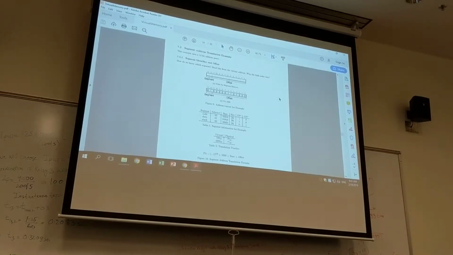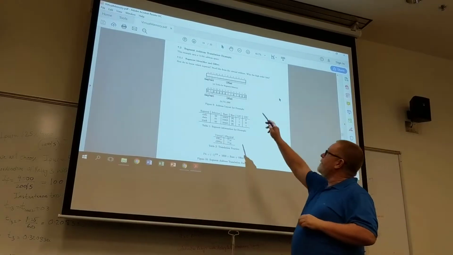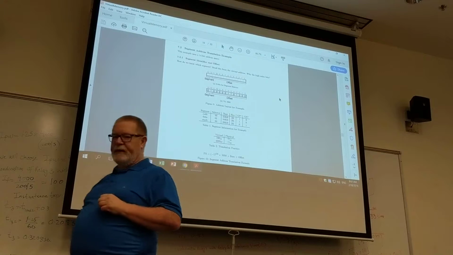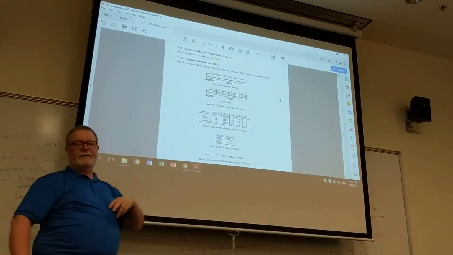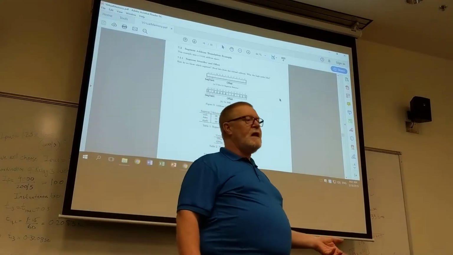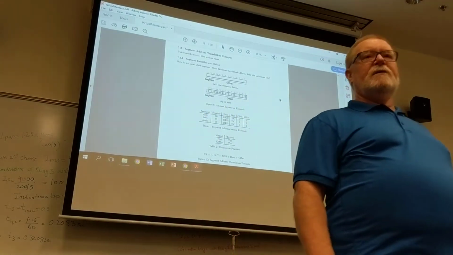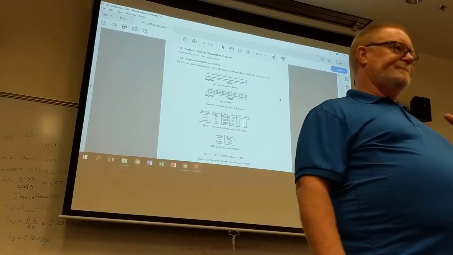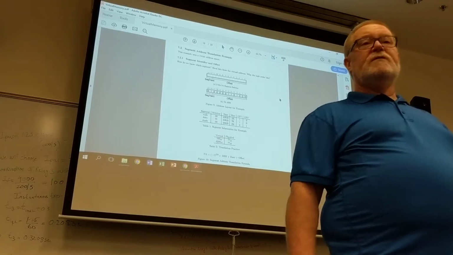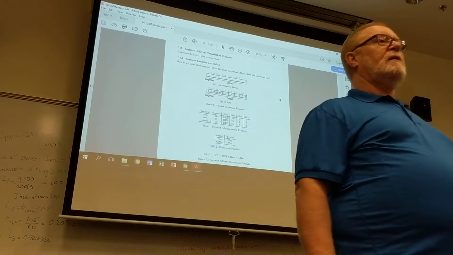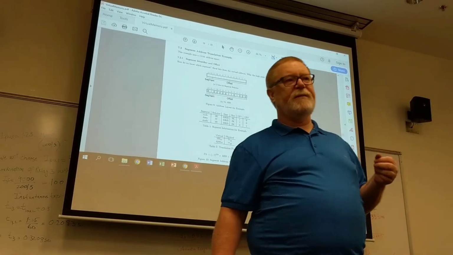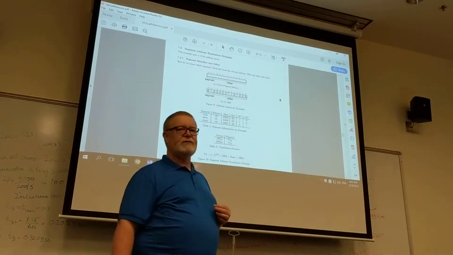Okay, so now we have an example. In this example, we're going to have a 4K address space. 2 bits are selectors, so we have 12 bits left for the segment offset. 12 bits just happens to correspond to 4K. 4K is going to be a common number we use throughout our virtual memory discussions.